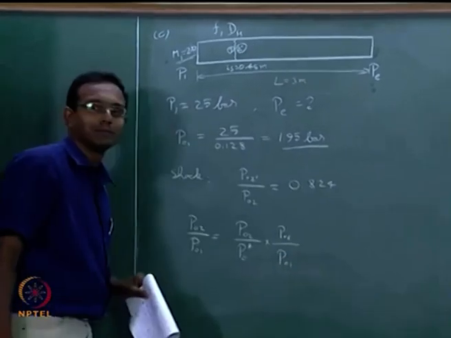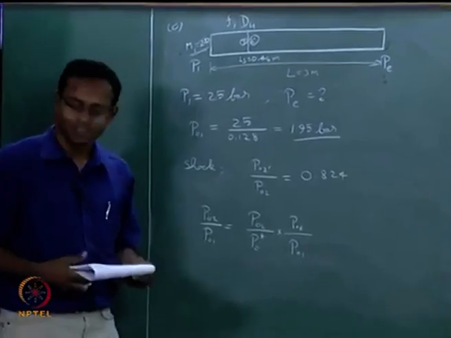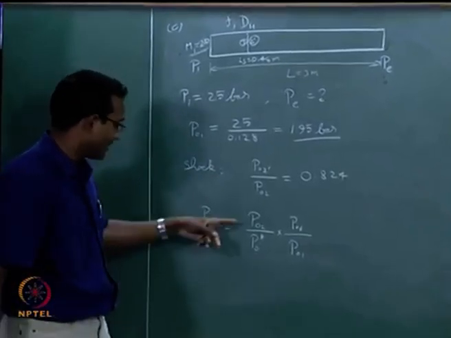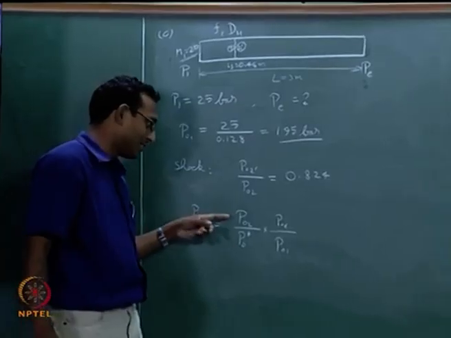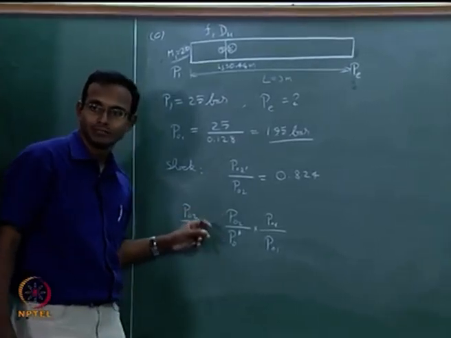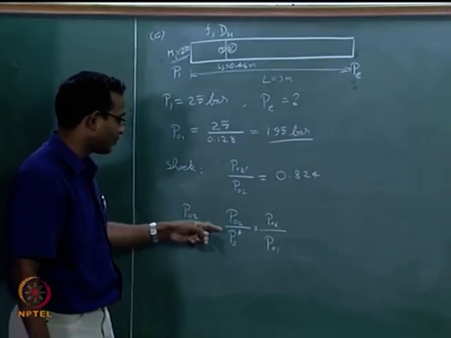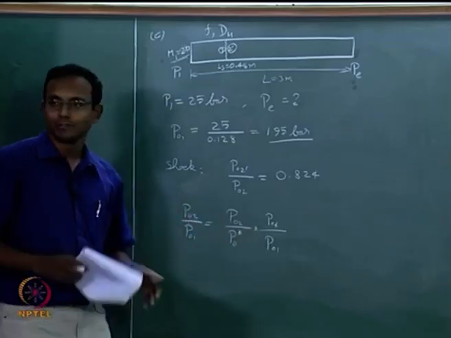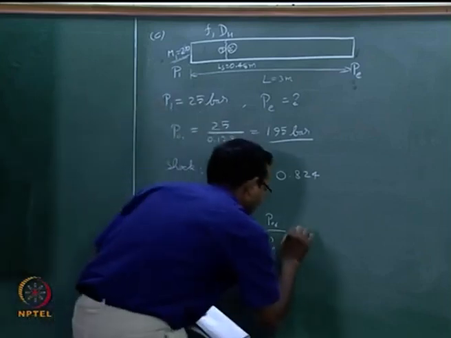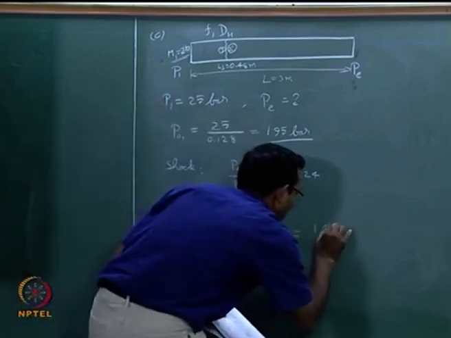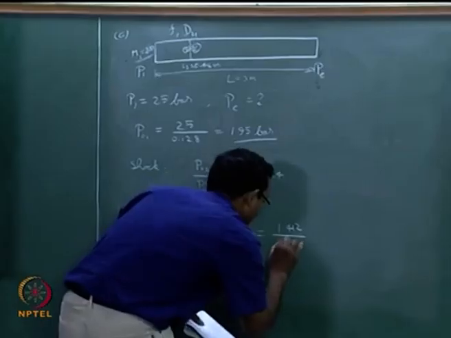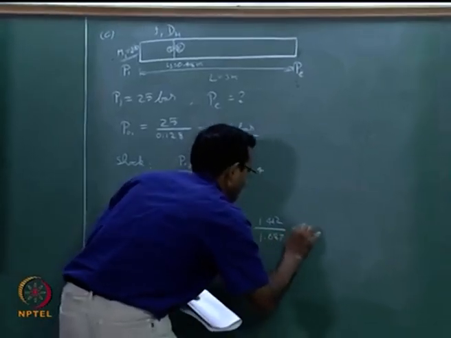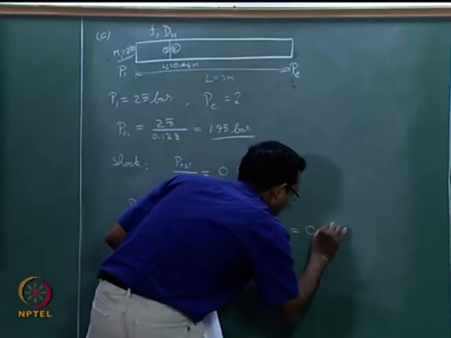I told you gas dynamics people like ratios multiplying each other. So, this is equivalent to, in my tables it is given as P0 by P0 star. So, I will go find at M2 what is this value, divide that with M1 what is that value, and that comes out to be 1.412 divided by 1.687, that value is 0.837.